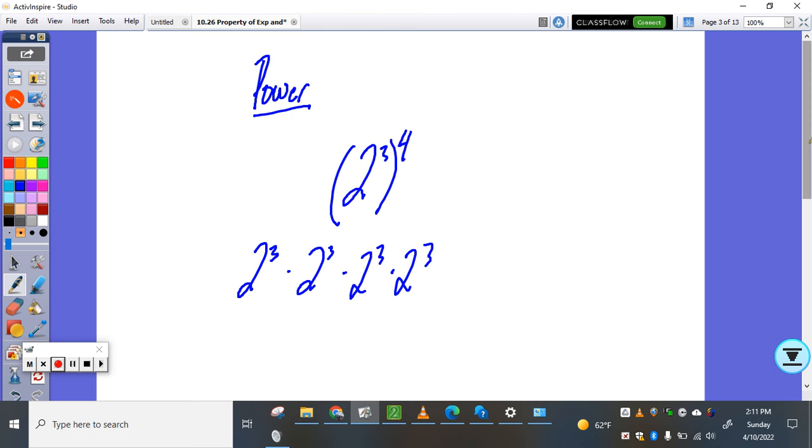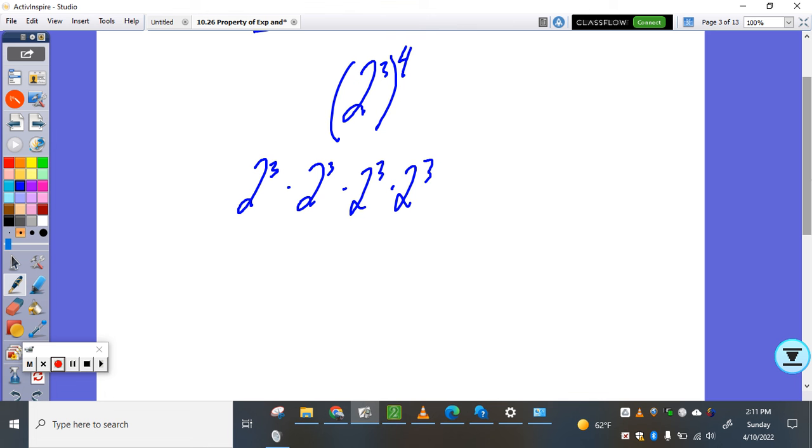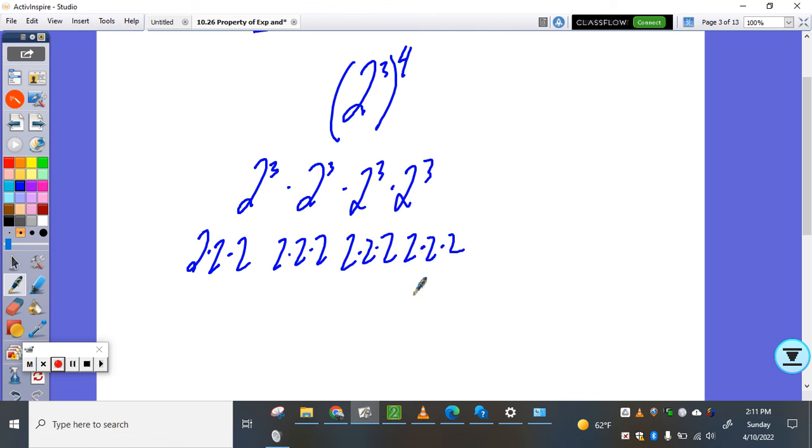Breaking that down even further, we've got 2 times 2 times 2, 2 times 2 times 2, 2 times 2 times 2, and the last one, 2 times 2 times 2. When I collect all of these 2's together, we have 12 of them. So that's where we get to the multiplying of the powers themselves.